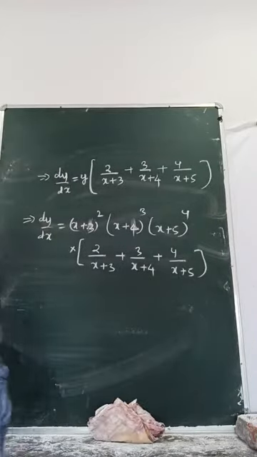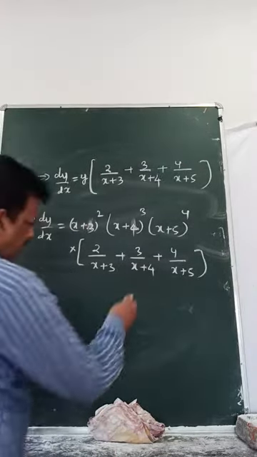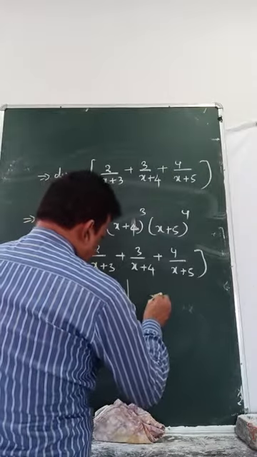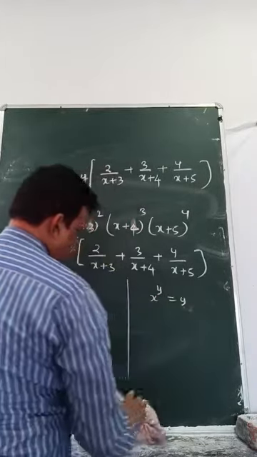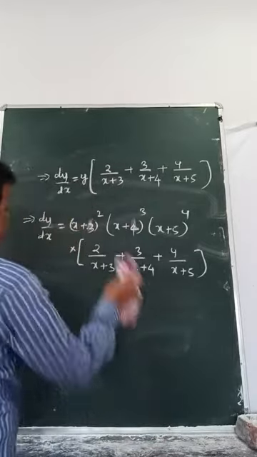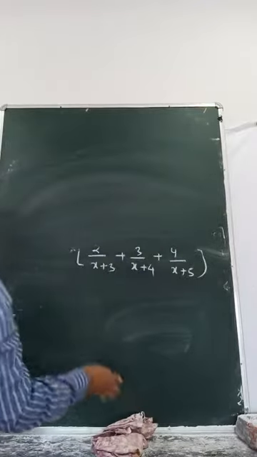Suppose you find a question like this: x to the power y equals y to the power x. I'll take this question first, then we will discuss the other one.